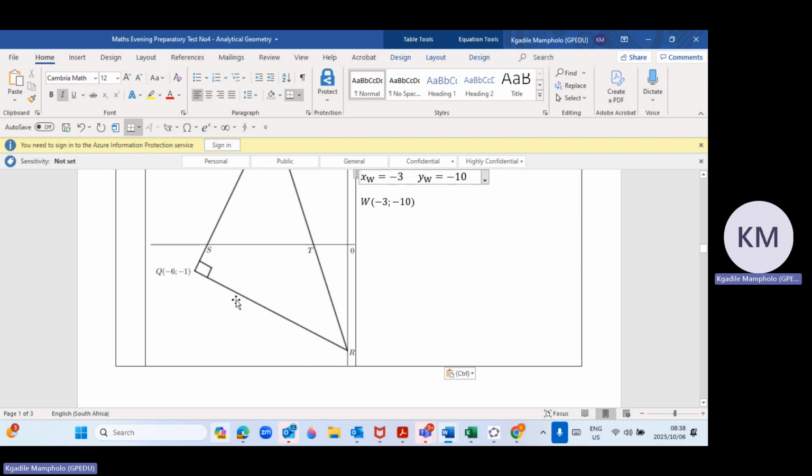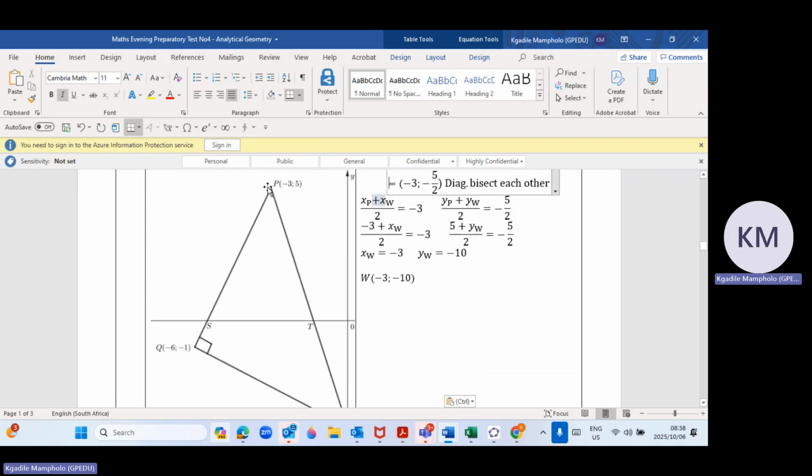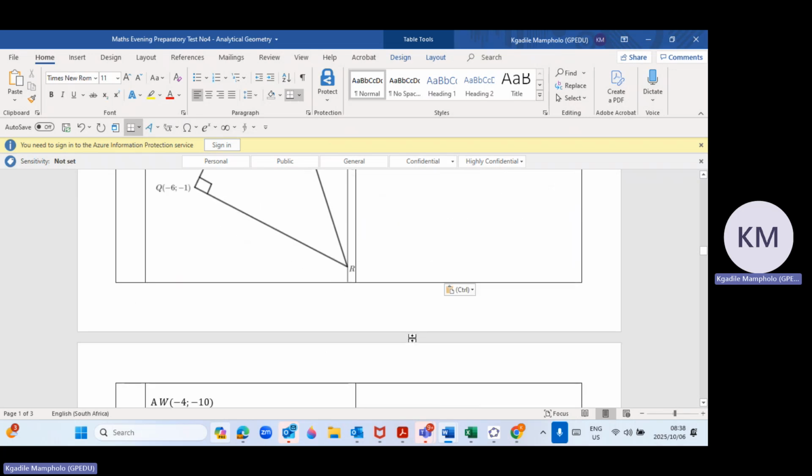First, you find the midpoint of QR. QR would be the diagonal of PQWR. So you find the midpoint of QR. Then from there, you say the midpoint of PW will be the same as the one of the QR because the diagonals of a parallelogram bisect each other.